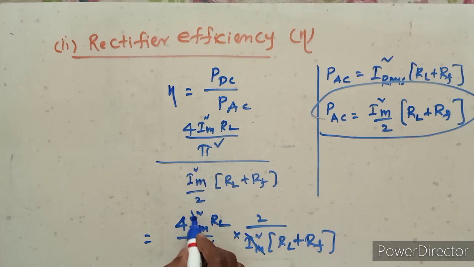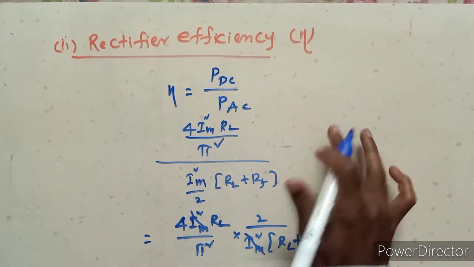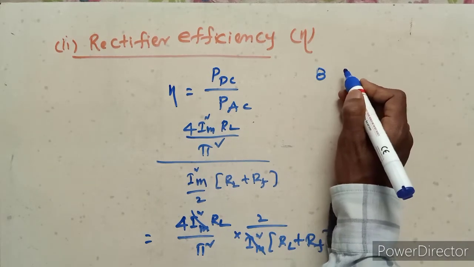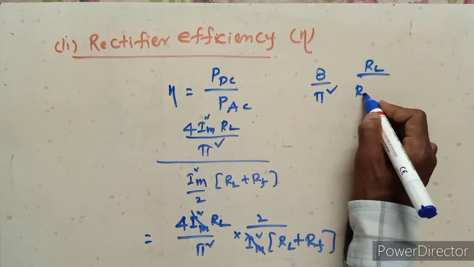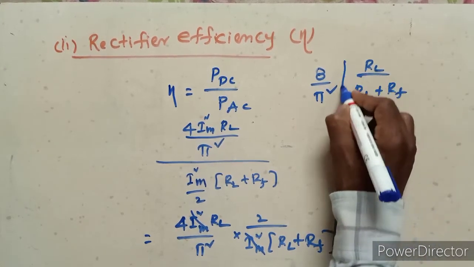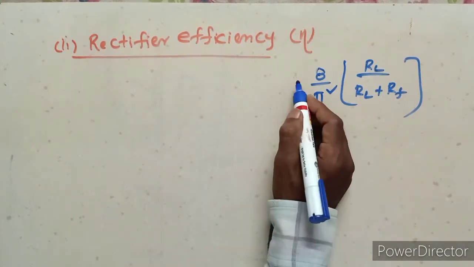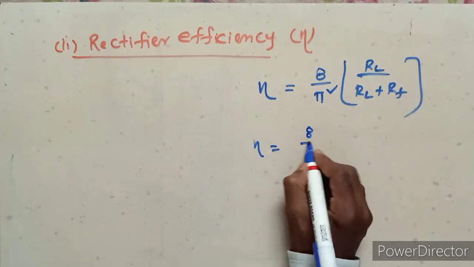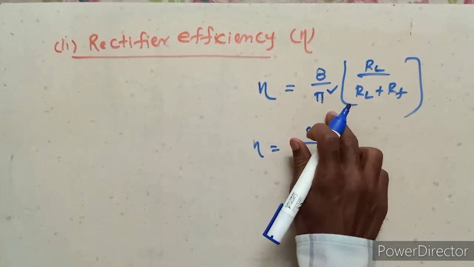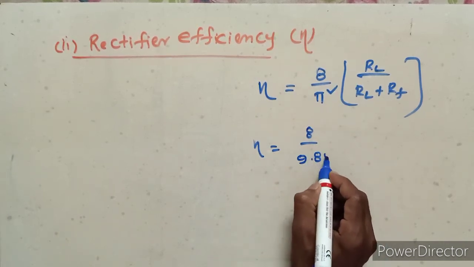Here I square m cancels. Remaining is 4 twos, which are 8, upon pi square, RL upon RL plus RF. This is the eta. Eta equals 8 upon pi square, where pi is 3.14. 3.14 into 3.14 is 9.85.